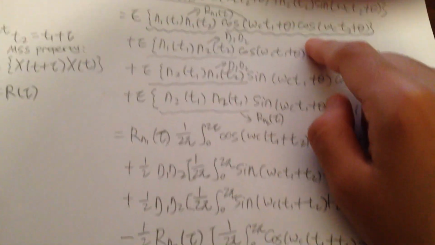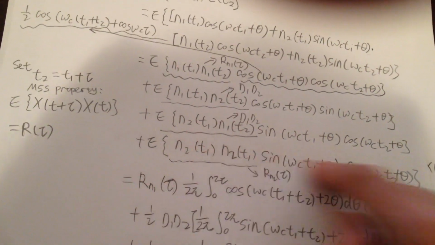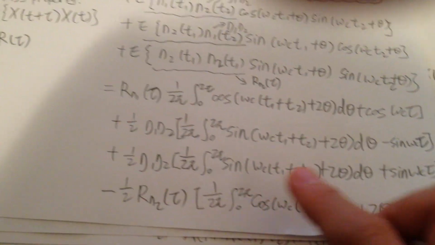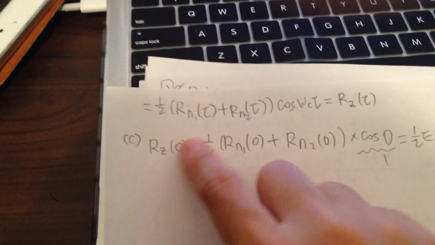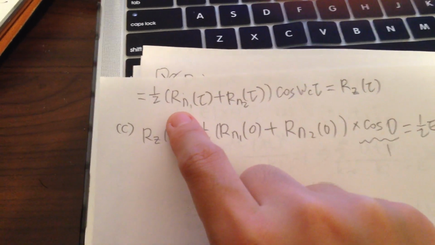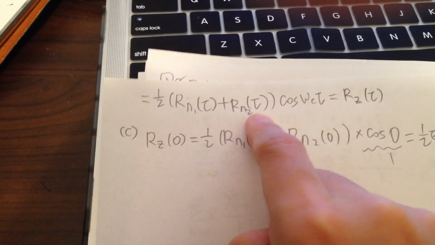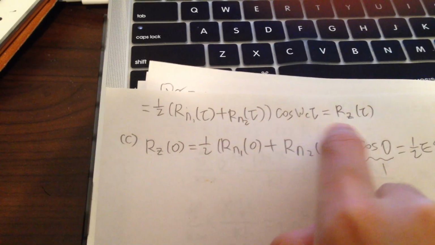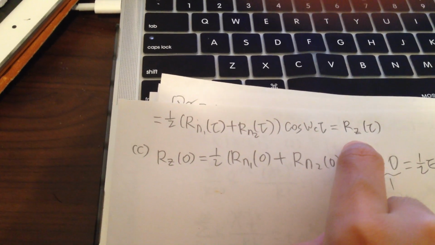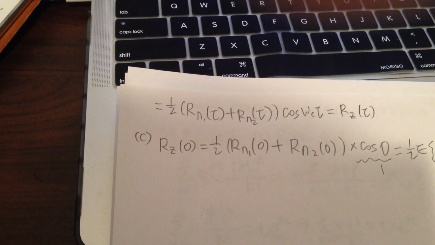And after the calculation, we plug these variables into this formula, and we get the answer: 1 over 2 times R_N1(τ) plus R_N2(τ), times cosine(ωc τ), and that is our answer, R_Z(τ).